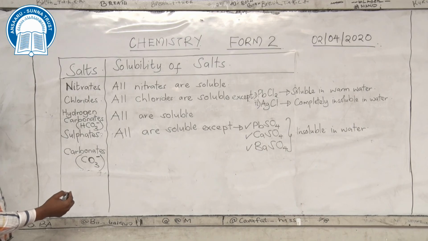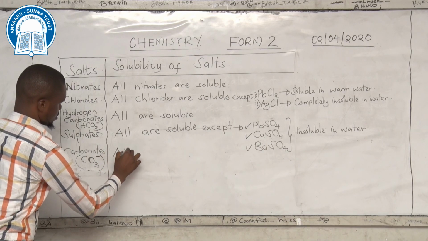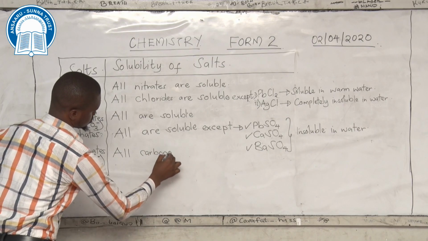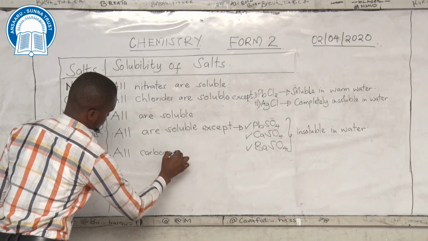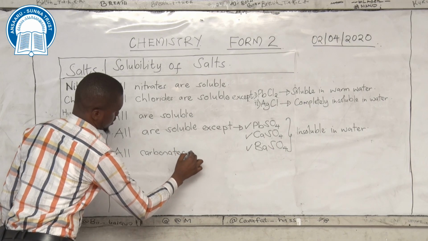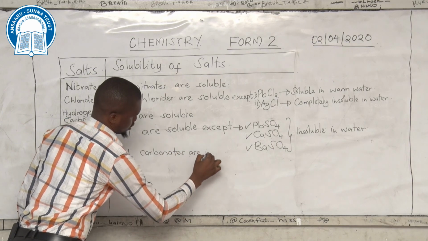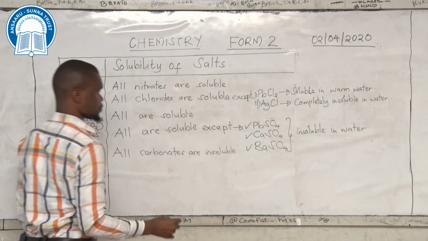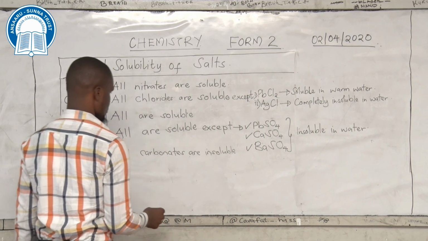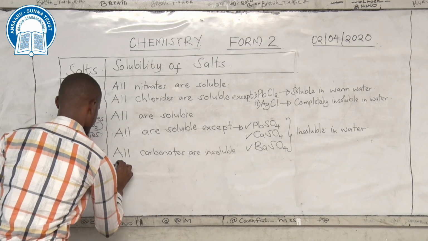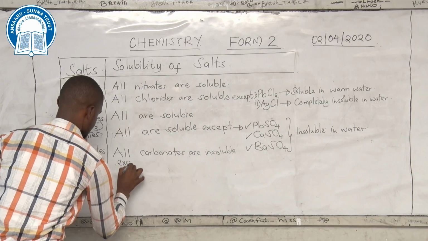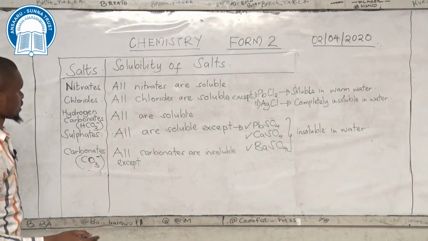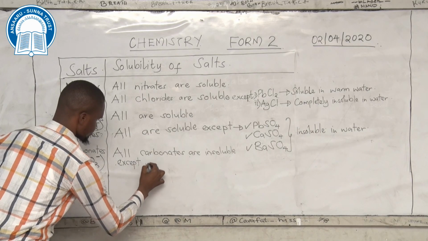And so we are saying all carbonates are insoluble, except for 5 of them.